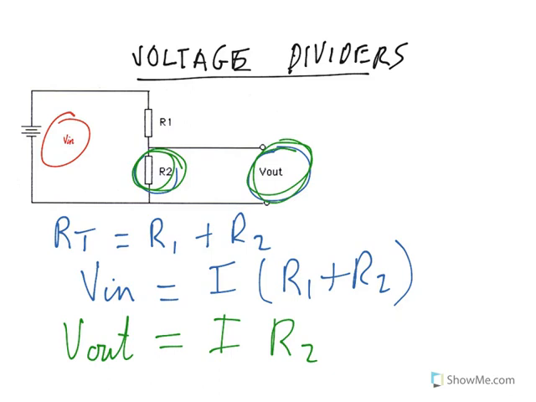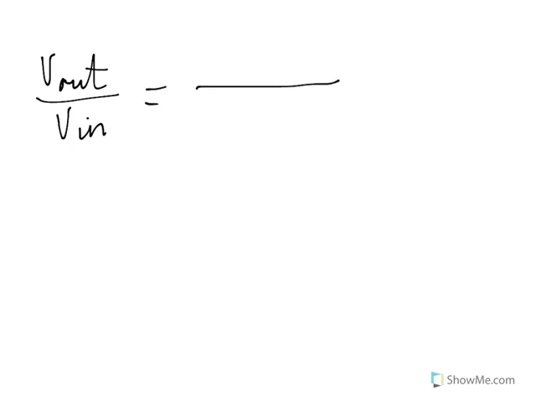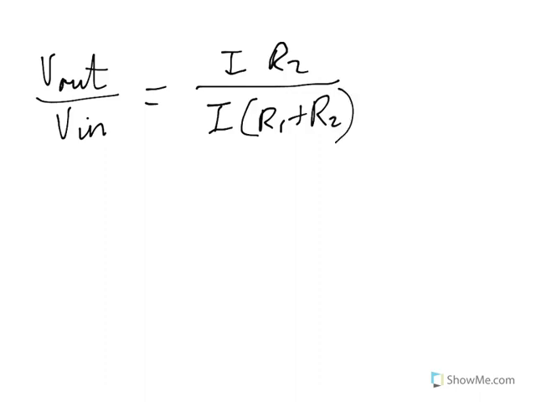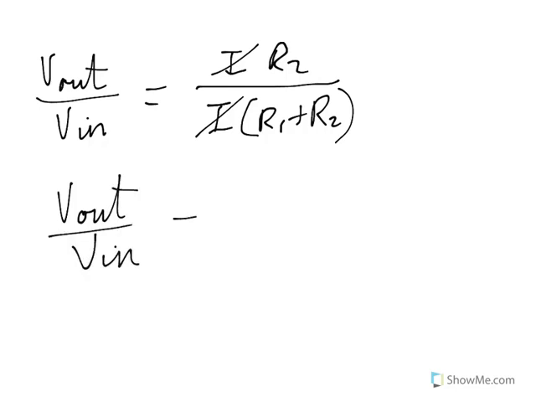V out over V in: what we get out over what we put in would be I R2 over I times R1 plus R2. You'll notice that the current would cancel out, and so V out over V in is equal to R2 over R1 plus R2.